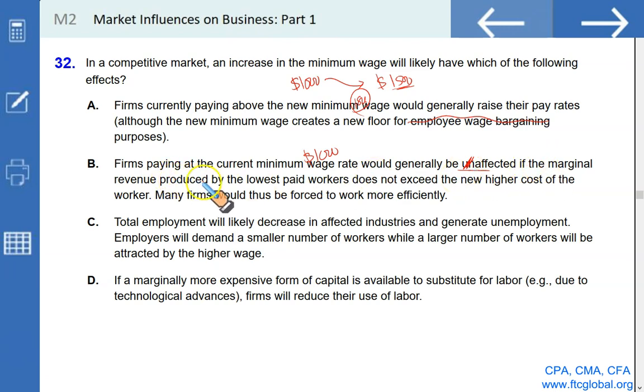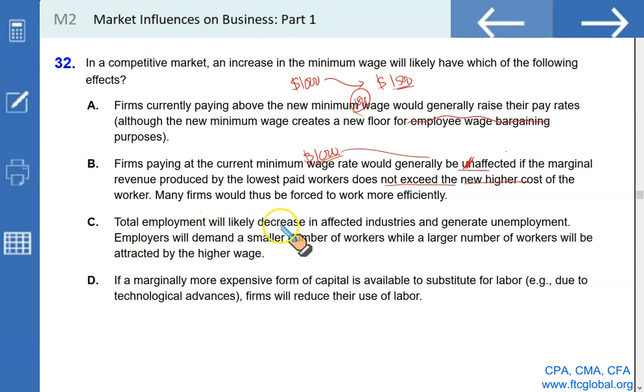The marginal revenue product of the lowest paid worker does not exceed the new higher cost. In order to make a new worker cost beneficial, the marginal revenue product must be more than the cost of hiring the new worker. And right now, since it is at the lower end, it has to increase the wage to $1,500, so it will be affected. C. Total employment will likely decrease.